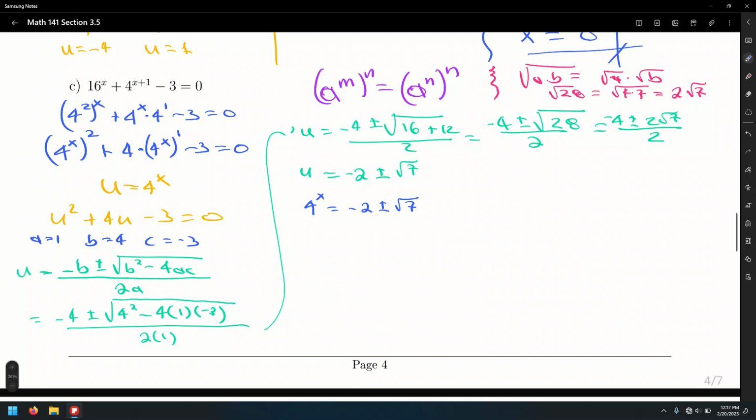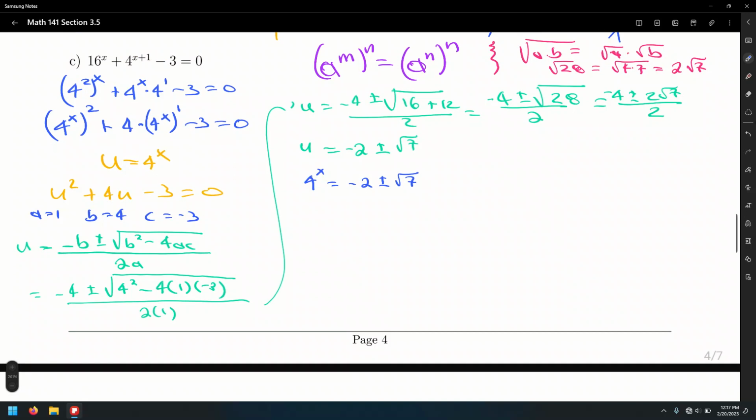So we can take the log of your favorite base. It could be log base 10, it could be ln, it could be log of the same base 4 to cancel it out at once. However, I'd rather use ln, because if we use log base 4, and for some reason we don't have access to a device that evaluates logarithms of a base other than 10 and e, well, we're doomed.